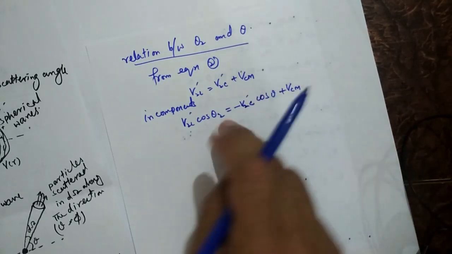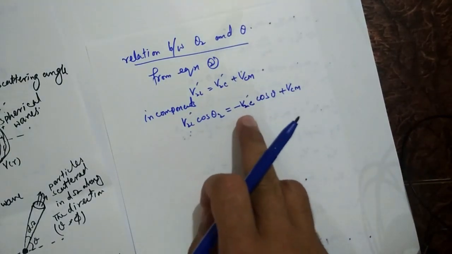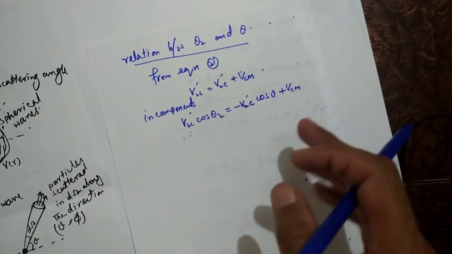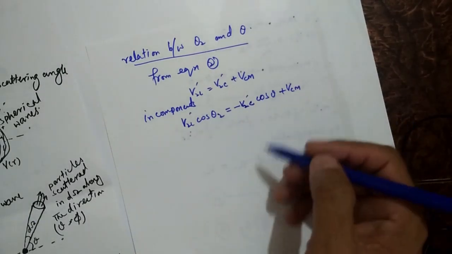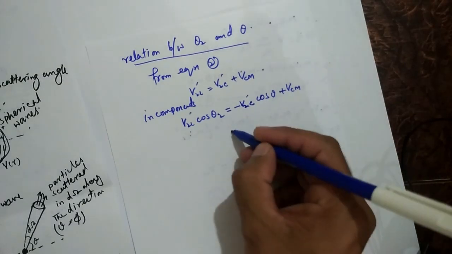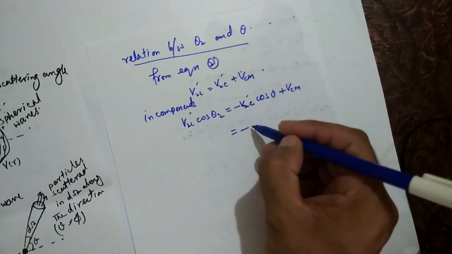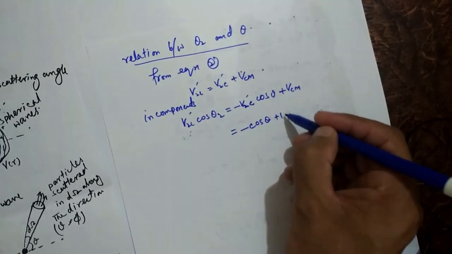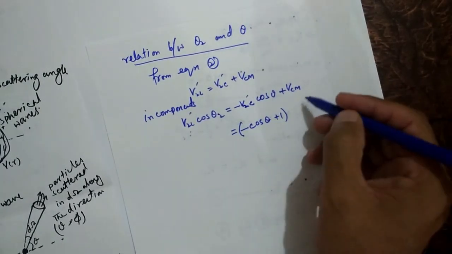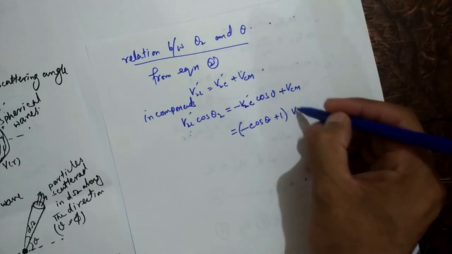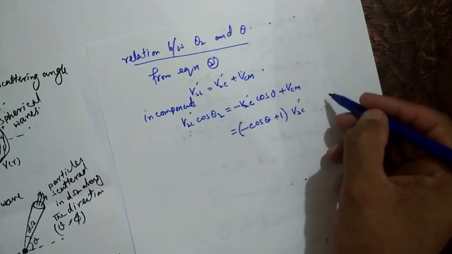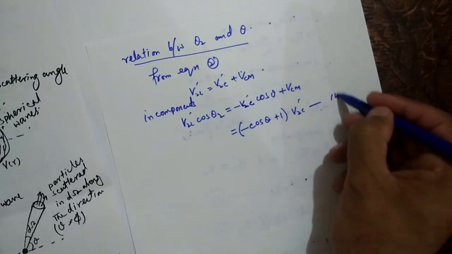The negative sign is because in the center of mass reference frame the target particle was approaching towards the left. Further we can write it as minus cos theta plus 1 into v2c dash. This is equation number 14.